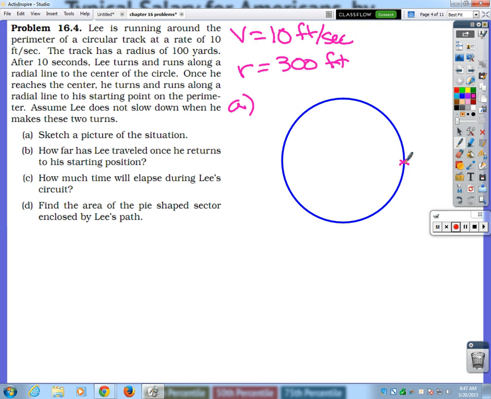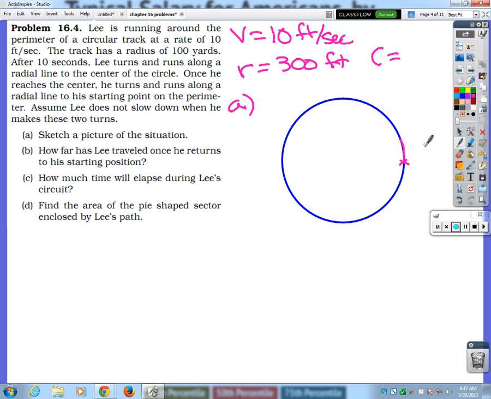So he starts here. He goes for how many seconds? 10 seconds. So how far does he run? 100 feet. If the radius of the circle is 300, what's the circumference? 600 pi, which is what?